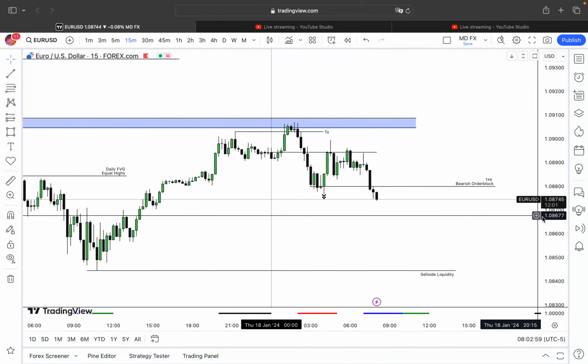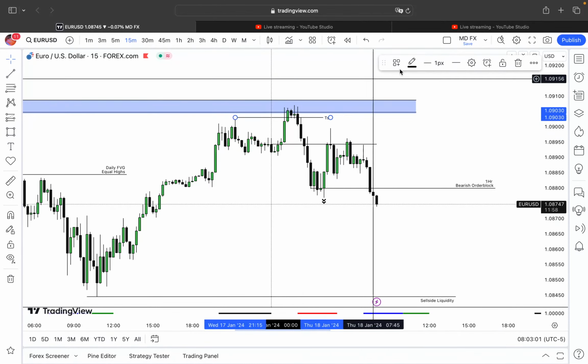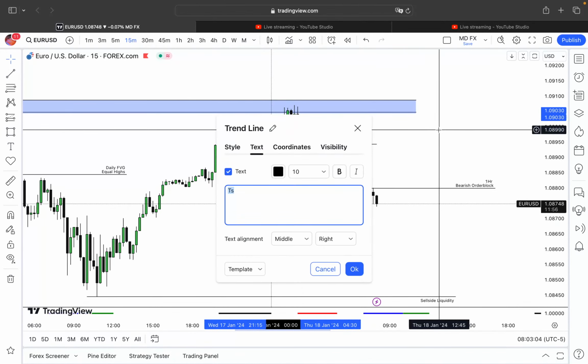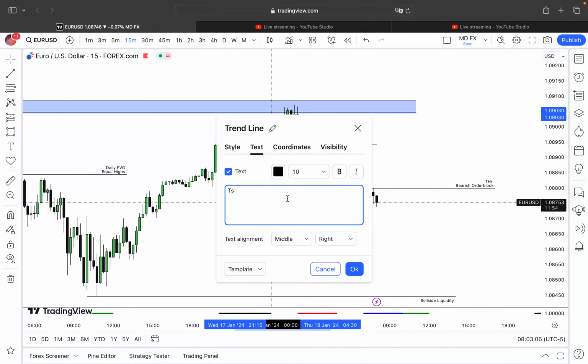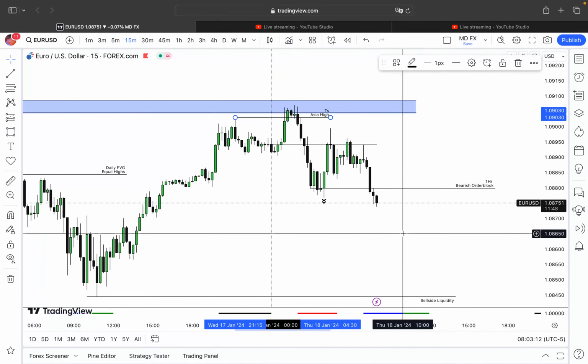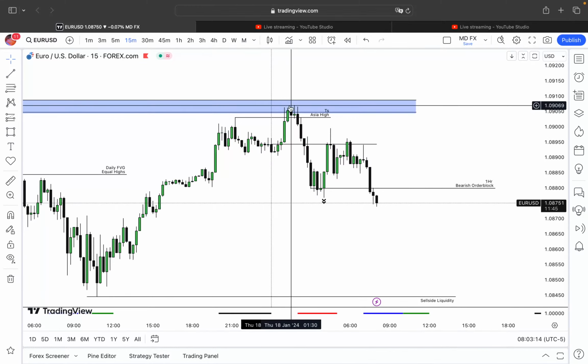So we had turtle soup on Asia High. Asia High got raided and it tagged a premium fair value gap.